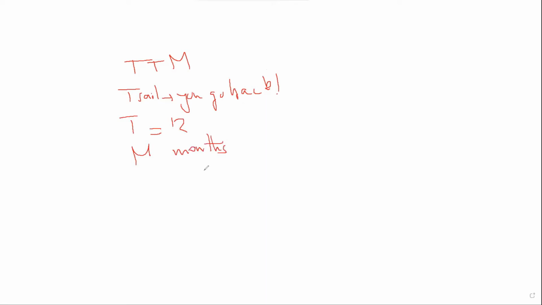Whenever we say TTM, it stands for trailing. It means you go back, you look at the trails, 12 month, which means if a company has what we call Q1 2020 financials released, and another company has a full annual report, which means a year ending 2019.